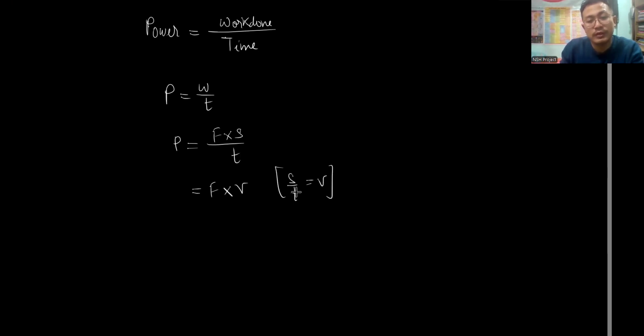So power P is equal to W by t. Again, P is equal to W, that is F into s, by t. So it becomes F into v, because s by t is equal to v. Power is equal to F into v.